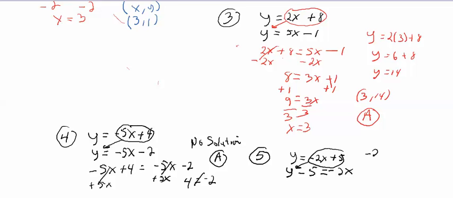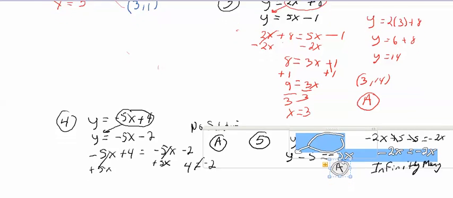We got negative 2x plus 5 minus 5 is equal to negative 2x. Zero pair, they cancel. Is negative 2x equal to negative 2x? And it is, so this is infinitely many. And that is letter A.